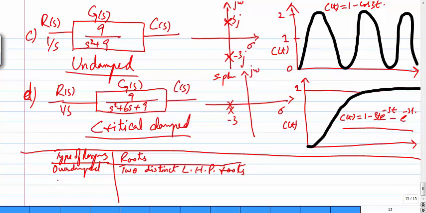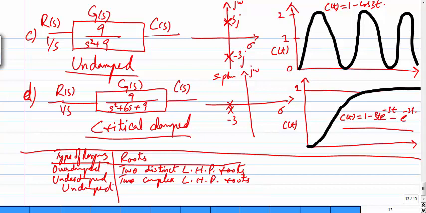The second one we discussed was underdamped. For underdamped we have 2 complex roots, 2 complex left half plane roots. Be careful to say left half plane, because we are discussing a stable one. The third one is undamped.